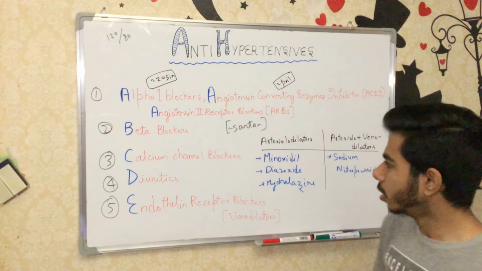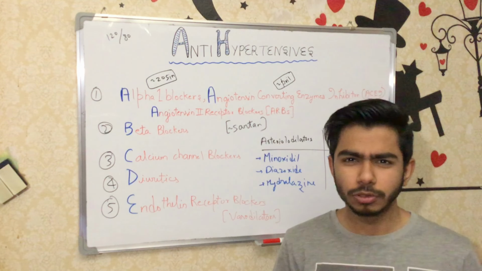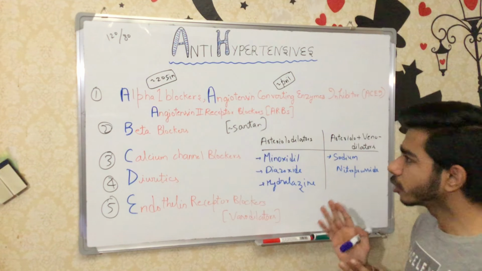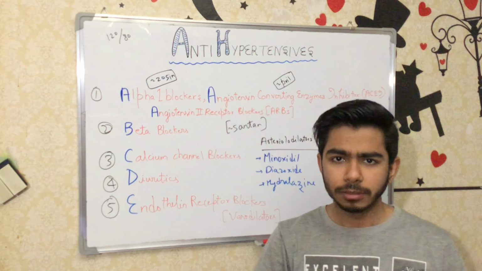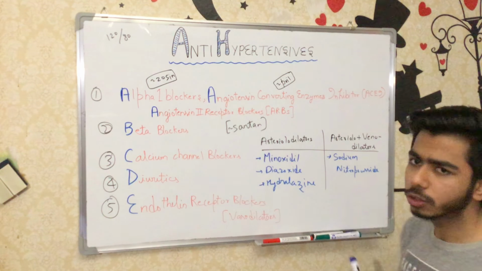Otherwise we don't use sodium nitroprusside. Only in emergency conditions we use it. For example, if the systolic blood pressure is about 150, that is an emergency condition in hypertension, and in that case we can use sodium nitroprusside.